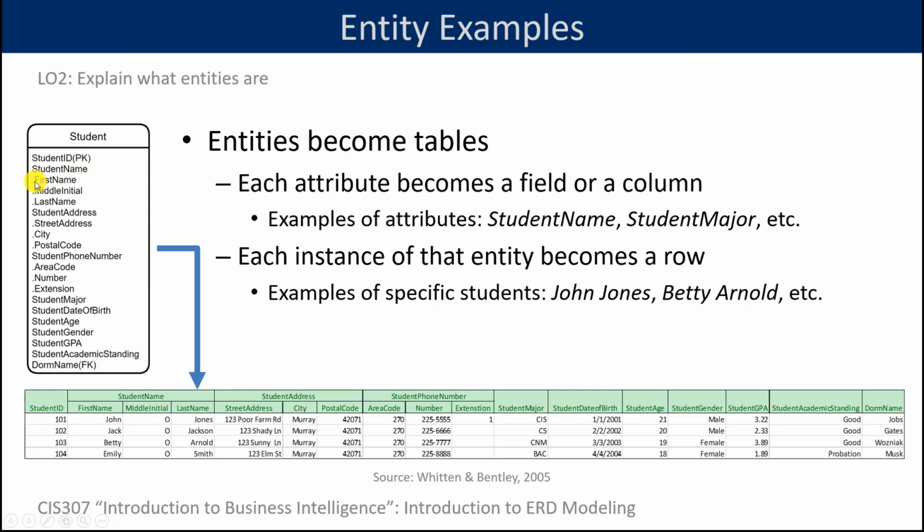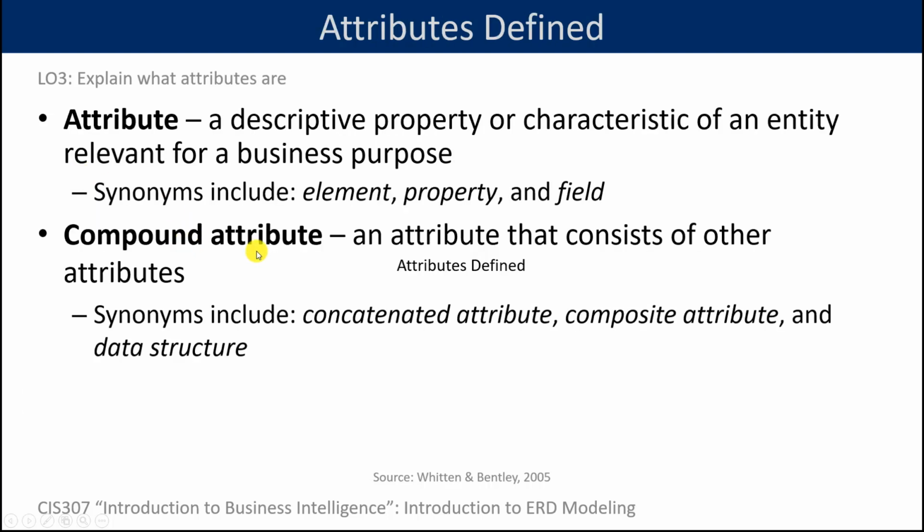The reason you see it's a compound attribute is because of that dot notation. You see that this attribute, student name, has 3 parts: first name, middle name, and last name. Those dots are used to show that those 3 parts belong to one single attribute called student name. That student name is, once again, a compound, concatenated, or composite attribute. Those are the synonyms used in relation to this category of attributes.